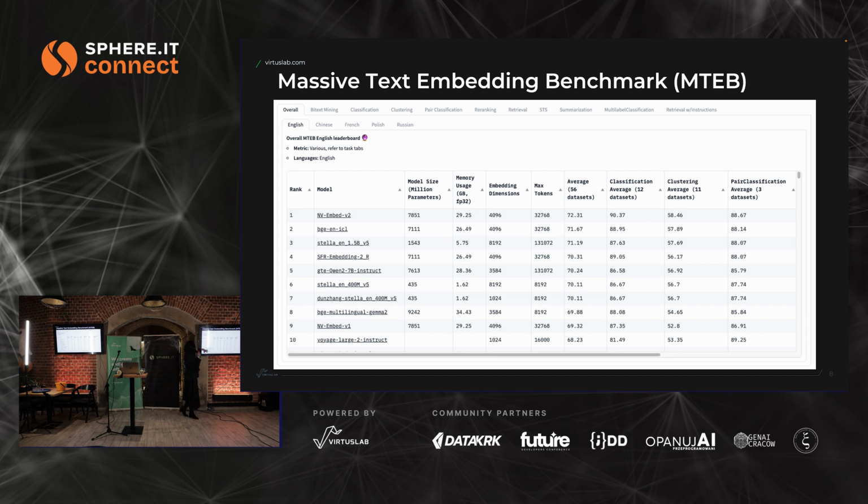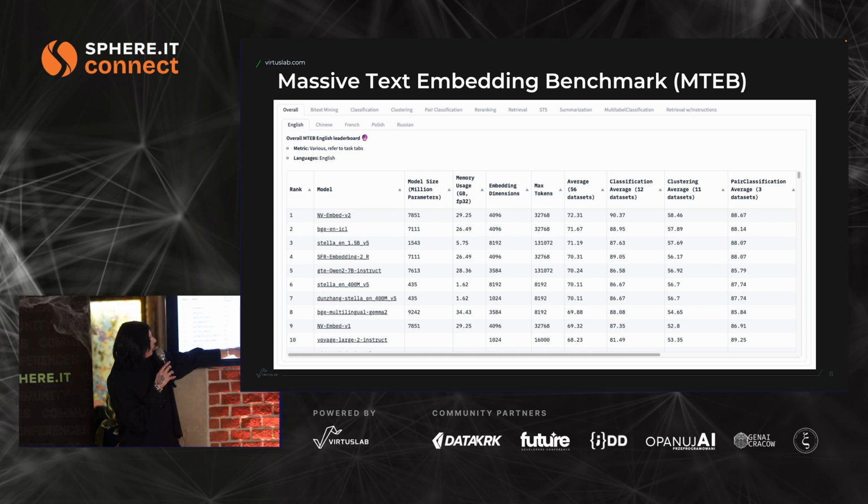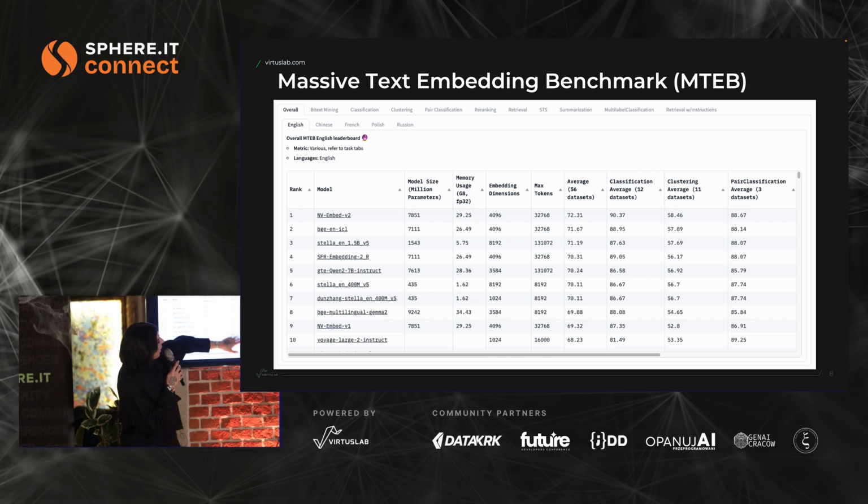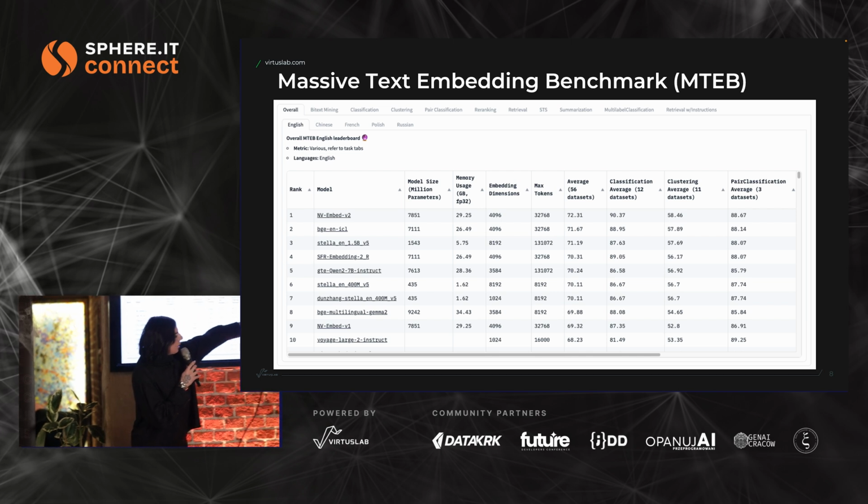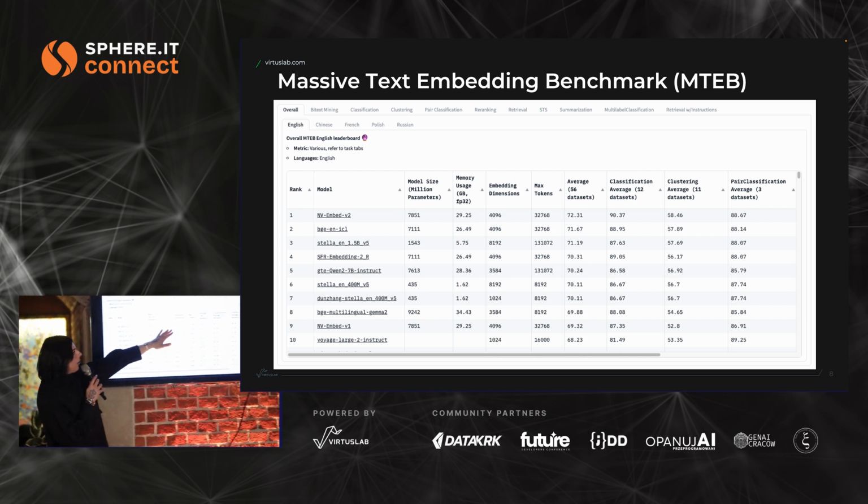We have the name of the model, model size, which drives how much memory is required for the model to run, the embedding dimensions, where the more dimensions, of course, the more semantic details are encoded by the model, max number of tokens, and also the scores across different categories.